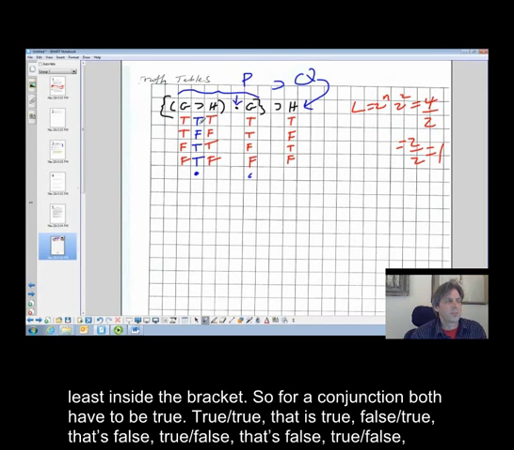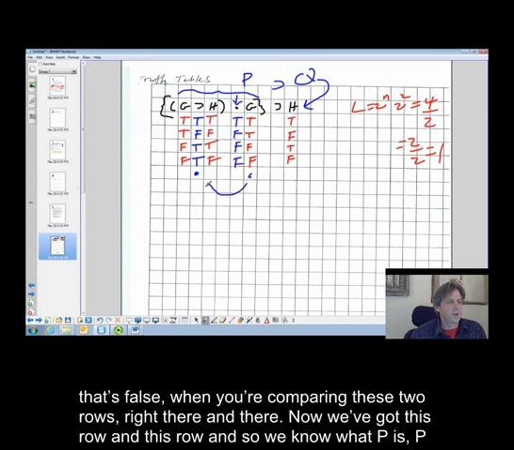So for a conjunction, both have to be true. True, true, that is true. False, true, that's false. True, false, that's false. False, false, that's false. When you're comparing these 2 rows, there and there.